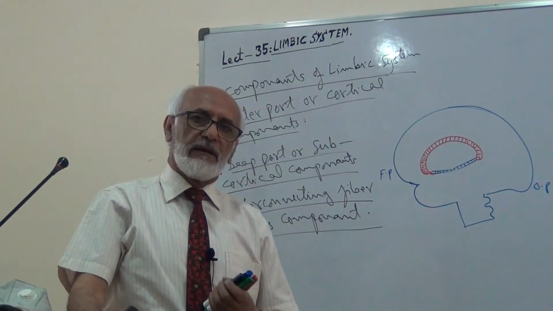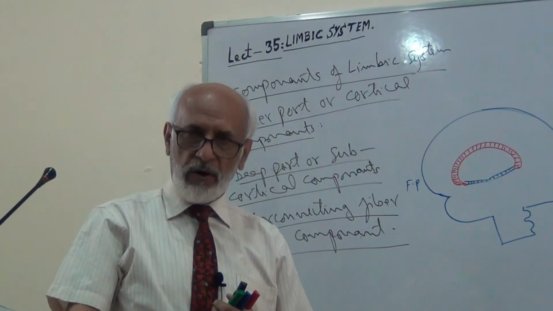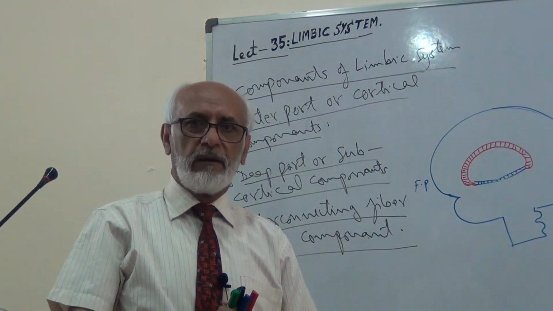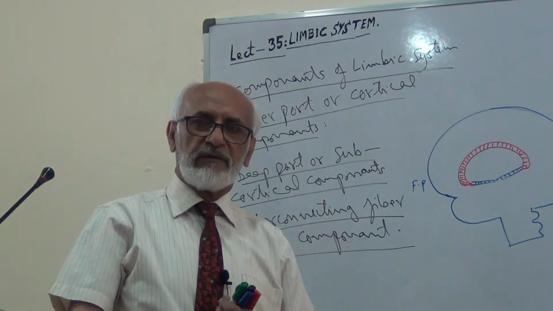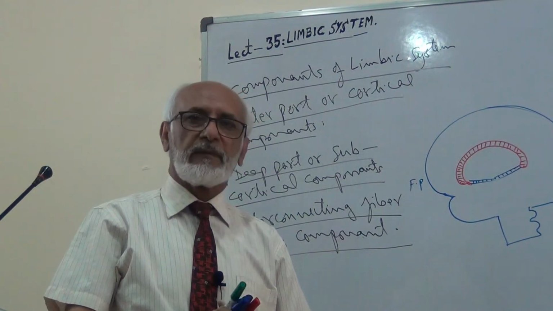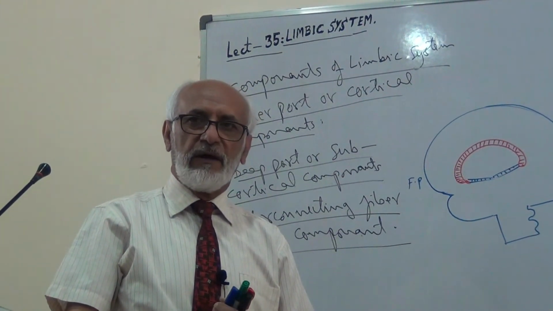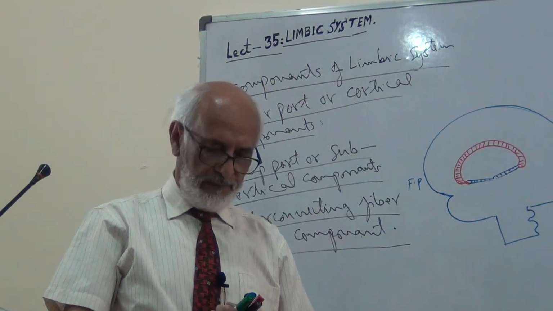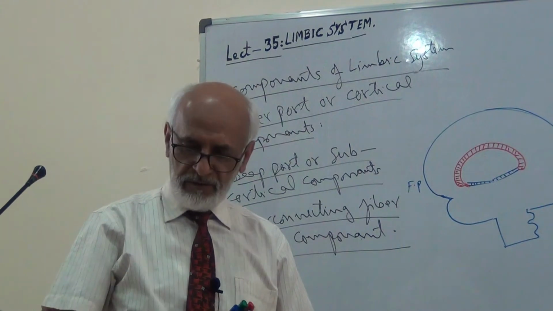These are in the form of a C-shaped or arched cortex on the medial surface of the cerebral hemisphere, located at the junction of the diencephalon and the telencephalon, just above the brainstem.